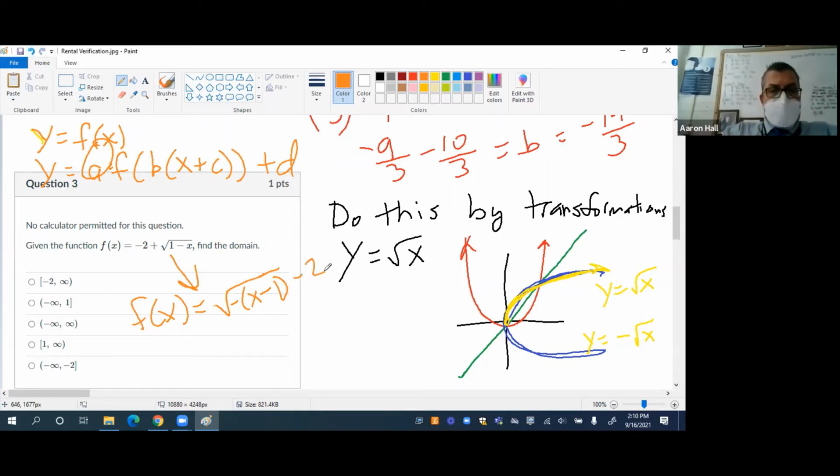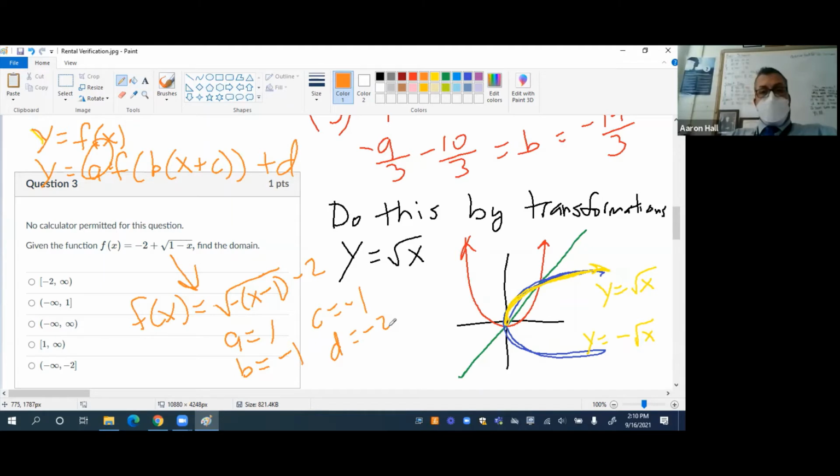Minus 2, yeah. So a is what? A is 1, b is... louder? Negative 1, yeah, that's my b value right there. What's my c value? Isn't this my c value? Negative 1. And then my d value? Yeah. A is your vertical stretch.